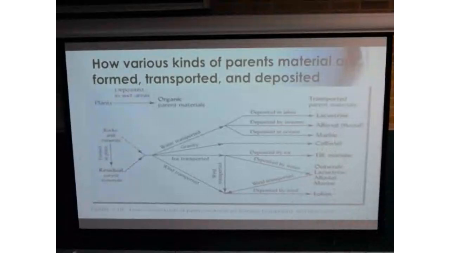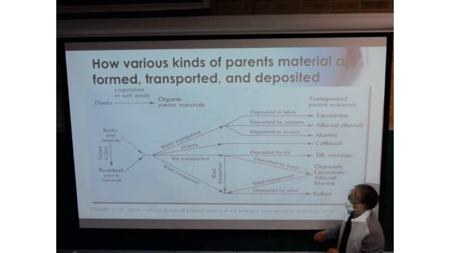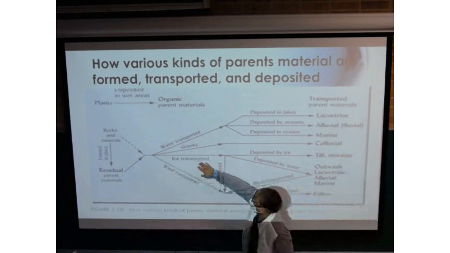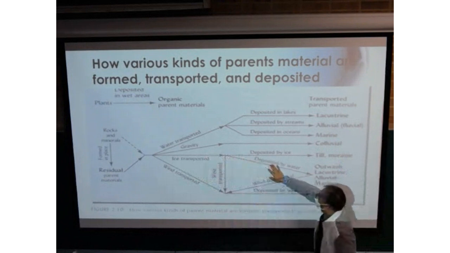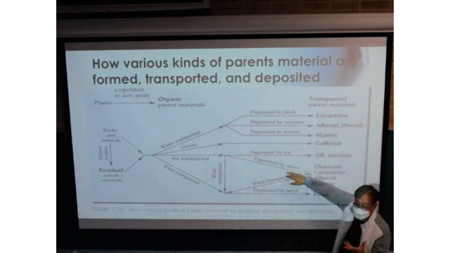And then the broken pieces of rock moved by ice and deposited, we call it till or moraine. Okay, I hope that my pronunciation is correct, the moraine. And then they are going to be transported by ice. However, melting ice is going to be water. Water is going to deposit. Okay?